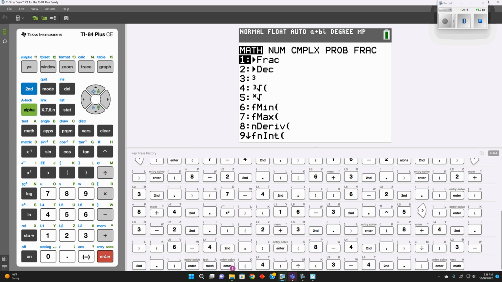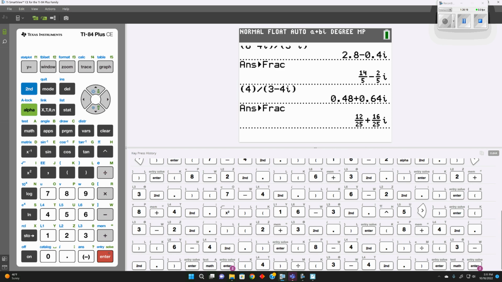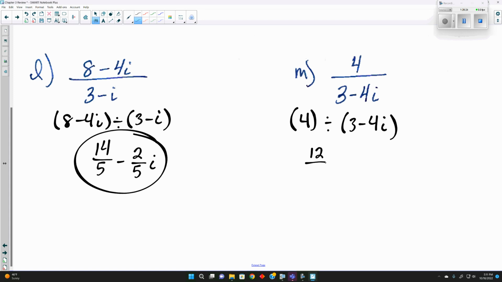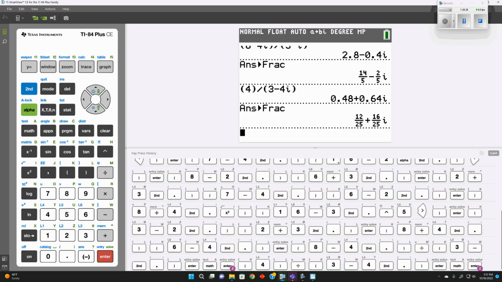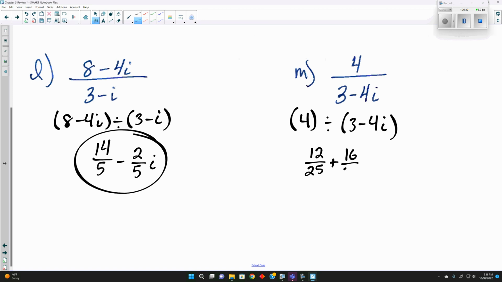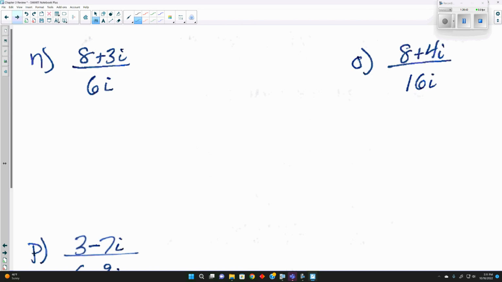Now to get it back into fractional form, we can go math, enter, enter, which tells us that it's 12/25 plus 16/25 i, and that's our answer. So again, we can still do it in the graphing calculator. We just have to have a few steps in between. And again, when you do these here, make sure to put it in as fractions. Right? Finish your answer as a fraction.